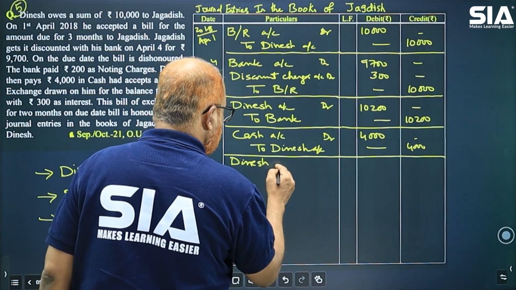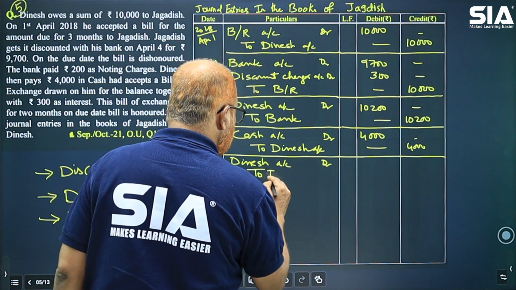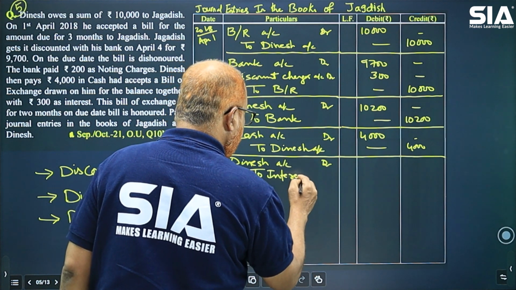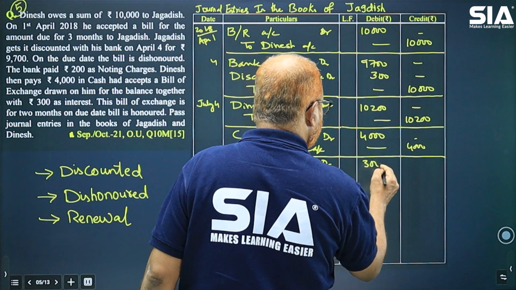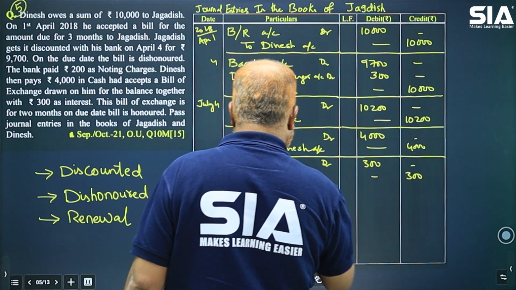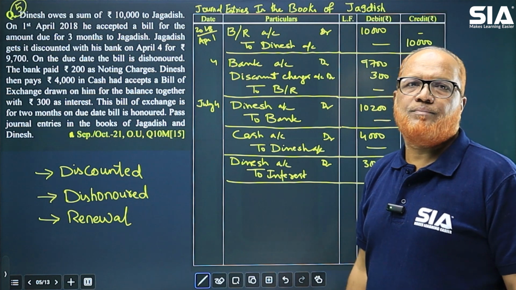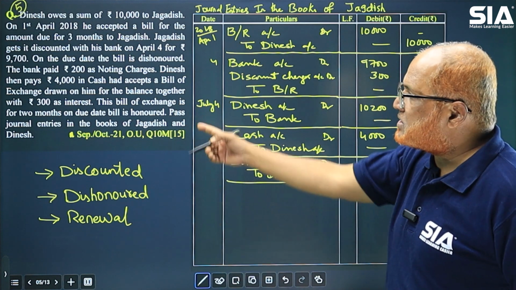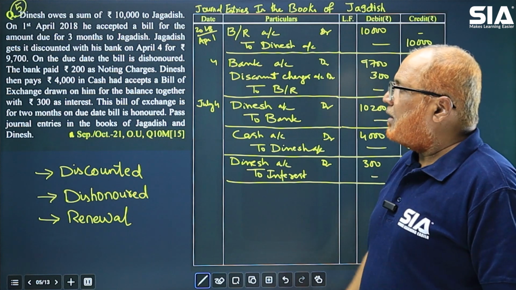Dinesh account debtor to interest. How much is the interest? 300, given in the problem. Being the interest charged on Dinesh, because as per the agreement, a new bill has to be drawn.